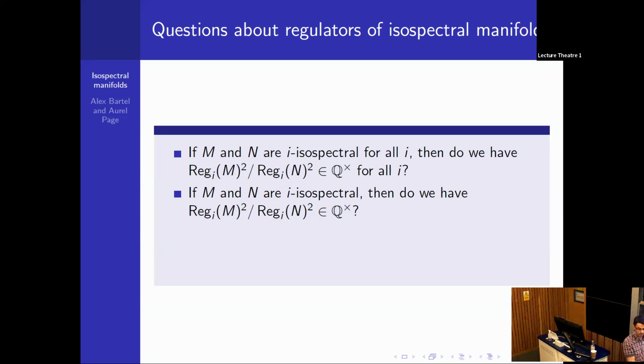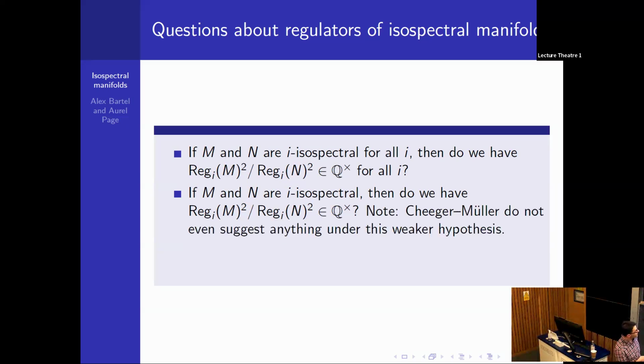These seem to me like very natural questions, and I don't know the answer in this generality. If you just give me completely arbitrary isospectral manifolds, I don't know. There are very strange ad hoc constructions of these things. But I want to stress that when you ask about each degree separately, so you don't even assume isospectrality outside of your favorite degree, the Gilkey-Miller formula suggests nothing.